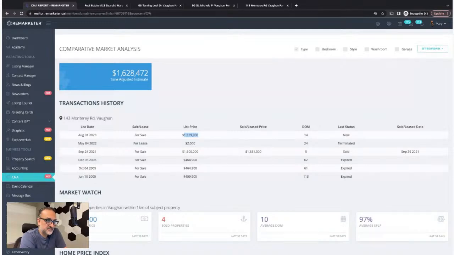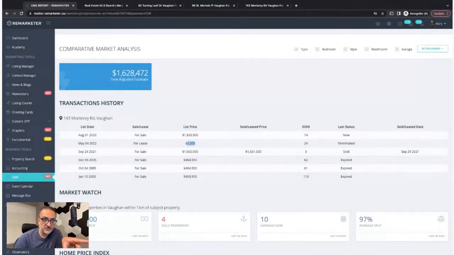Now, immediately you can see that the property had been leased, basically put on lease on May 22nd, and it was terminated. So probably the property wasn't able to lease. And at $2,000, it seems that a basement was probably put up for lease.